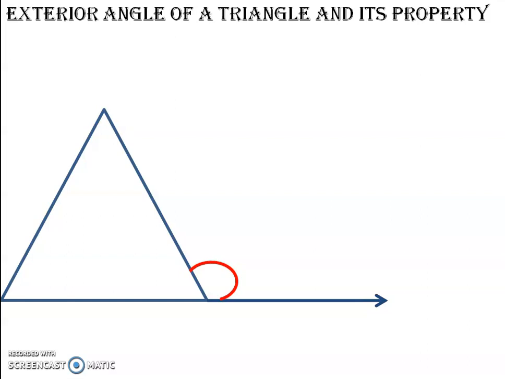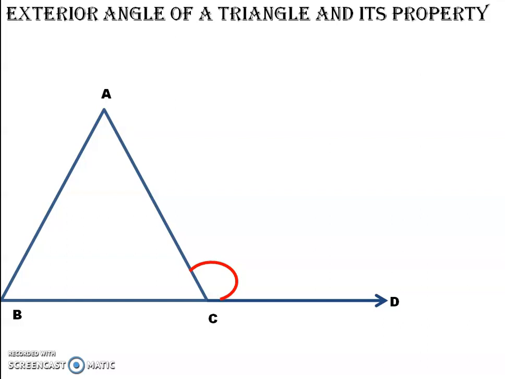Let us name the triangle A, B, C. Then how will you name the extended side? It is D. Now the triangle is ABC and the extended side we named it as D.